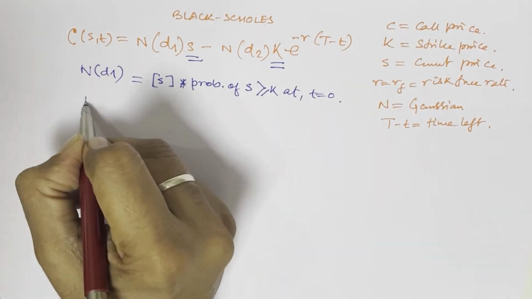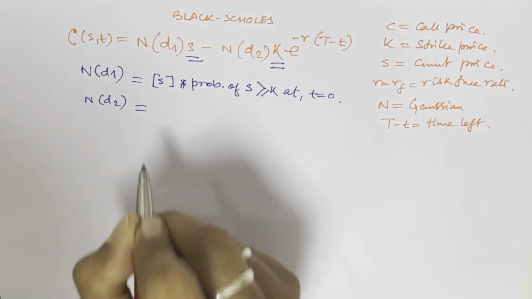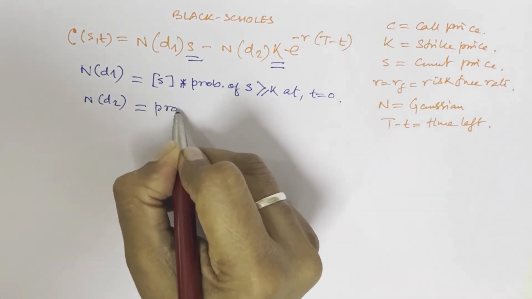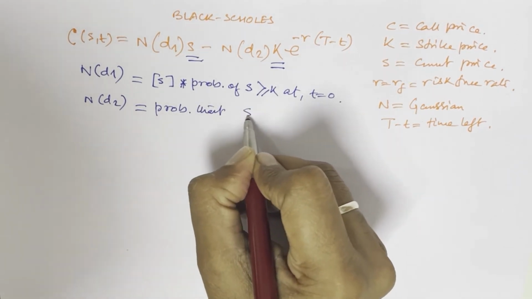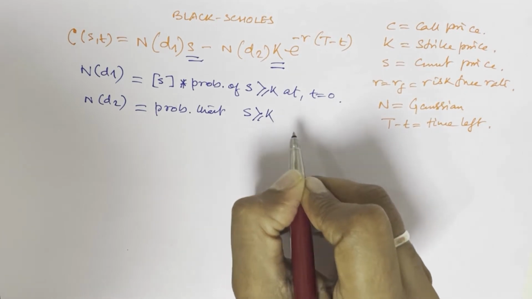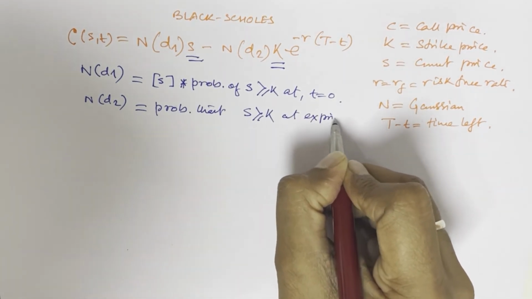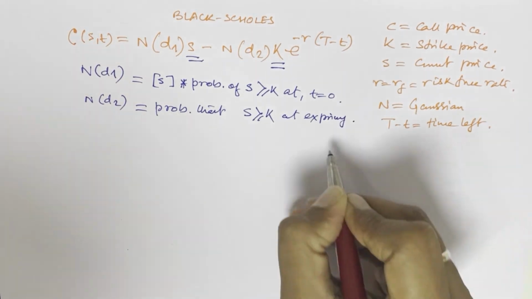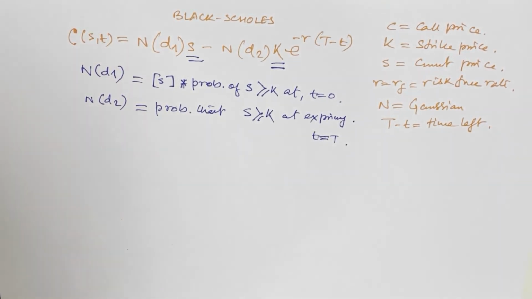And for N(d2), we have to understand the next term. N(d2) is also a normal distribution, with the probability that S is greater than K at the expiry, where small t and capital T equate, that is the expiry.